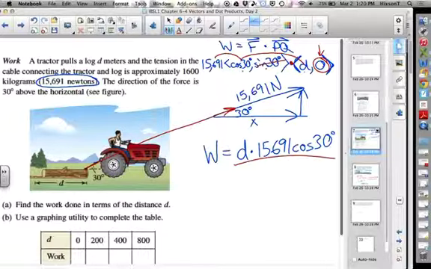Then you would have to take into account the vertical lift as well. And 15,691 times this whole thing together is your force vector.